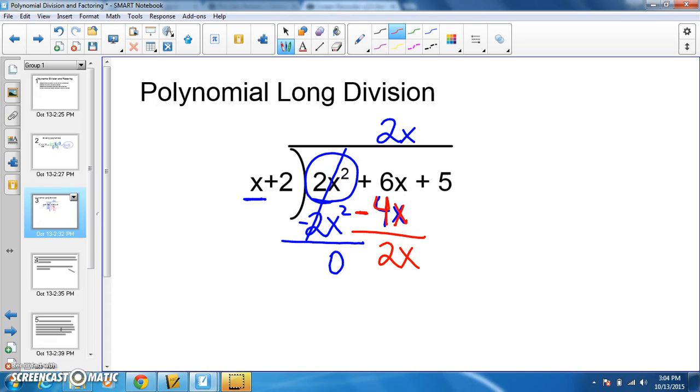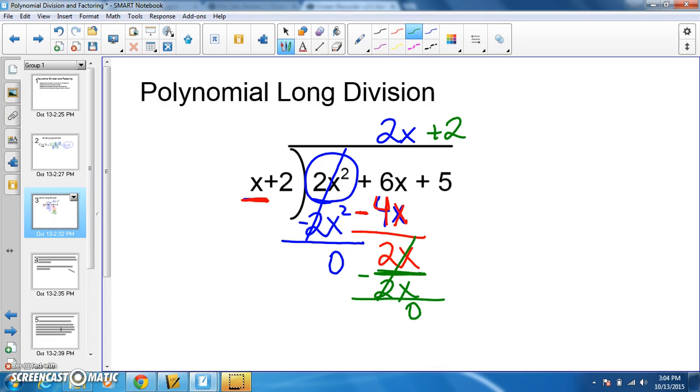We now have to think about, what do we have to multiply x by to get 2x? That would be plus 2. So 2 times x is 2x. We're going to subtract, and we cancel and get 0.